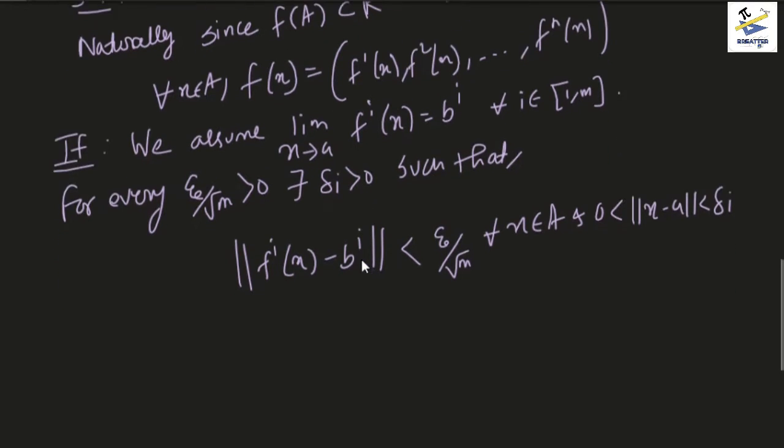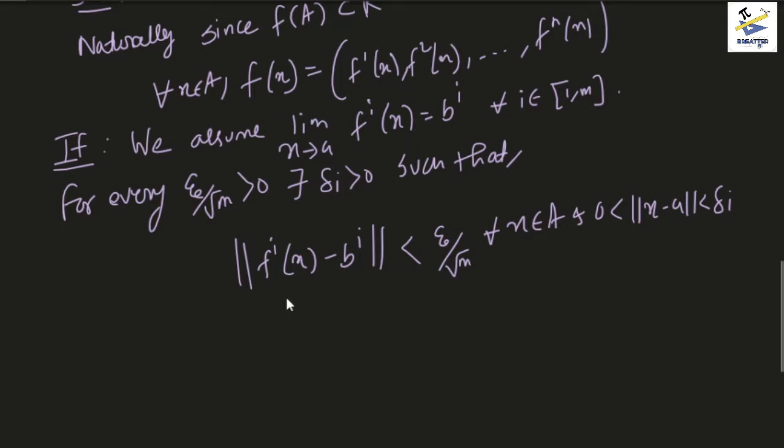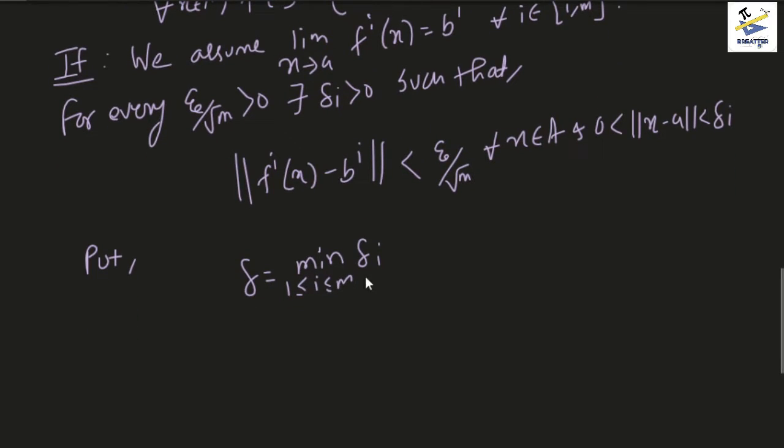And if you write this for all delta i's, what you can do is put delta equal to the minimum over 1 less than or equal to i less than or equal to m of delta i, so that all those statements are valid simultaneously.